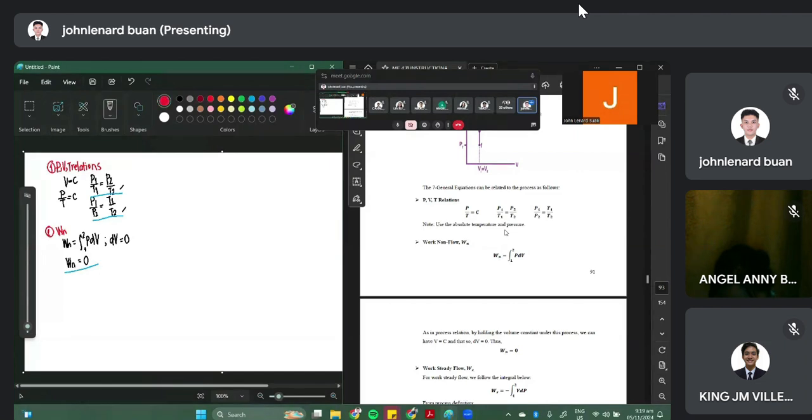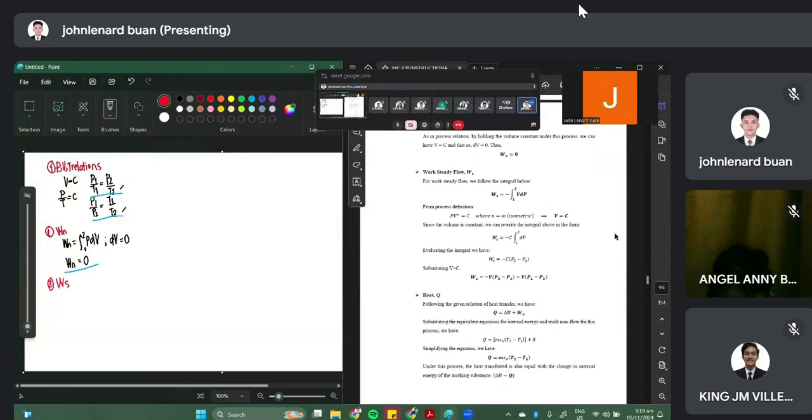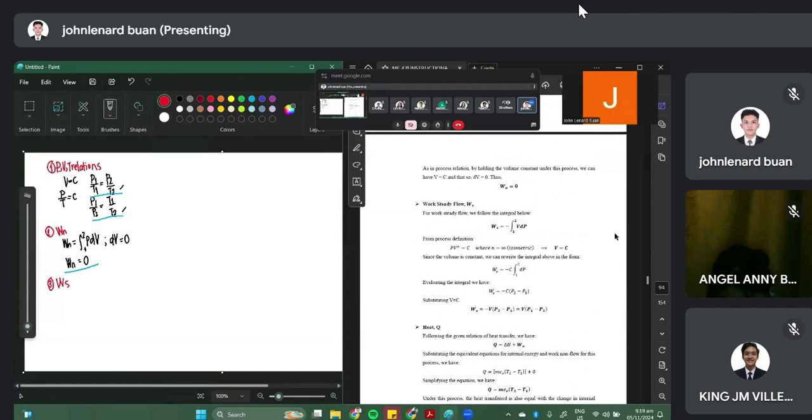Okay, moving on, we also have here work steady flow, or W subscript S. So for steady flow work, we have the equation Ws is equal to negative integral of V, oops, sorry, VdP, from point 1 to 2.